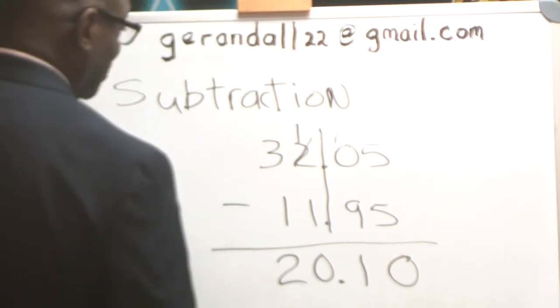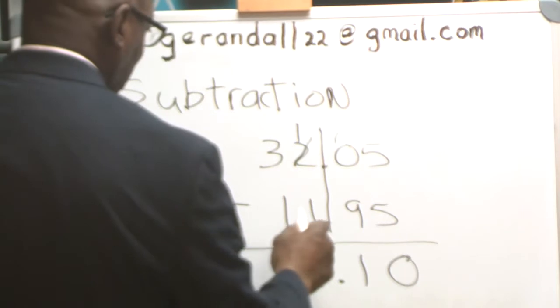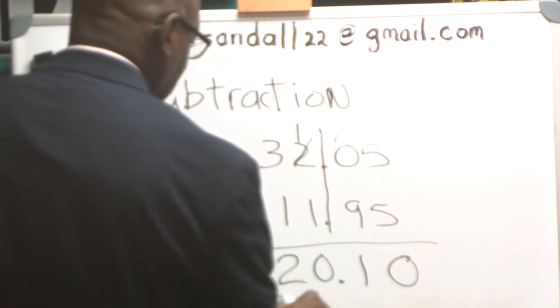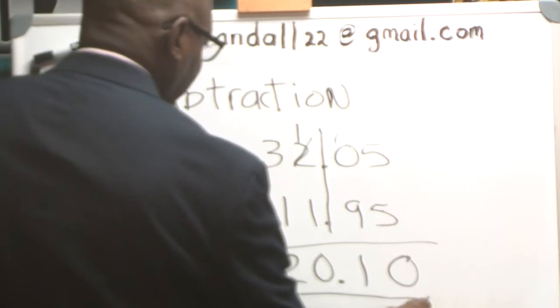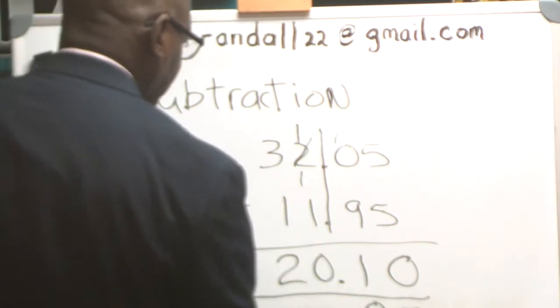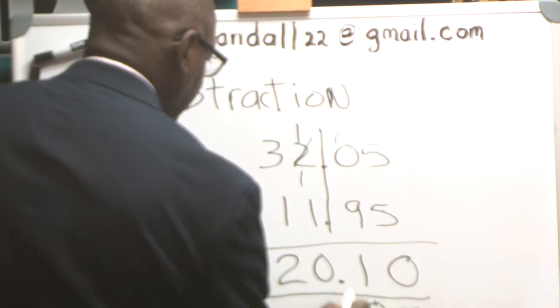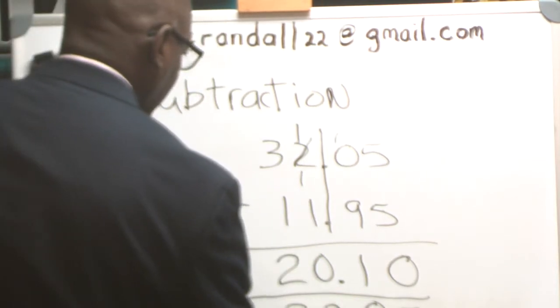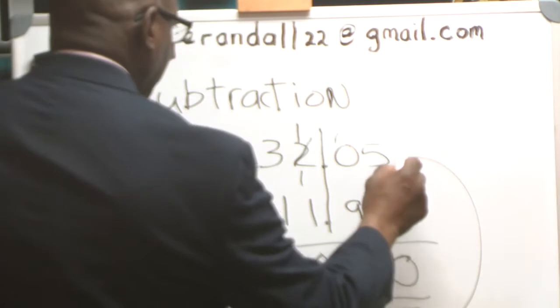Remember that relationship, those cousins, addition and subtraction. Watch this. 5, 0, carry the 1. That's 2 and 3. Hand that paper in correct.